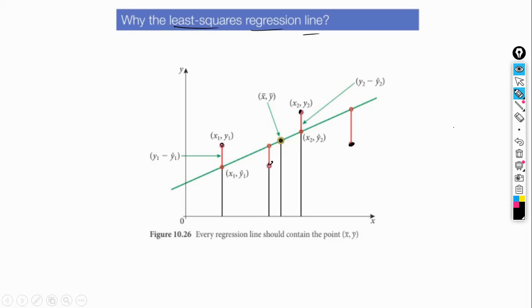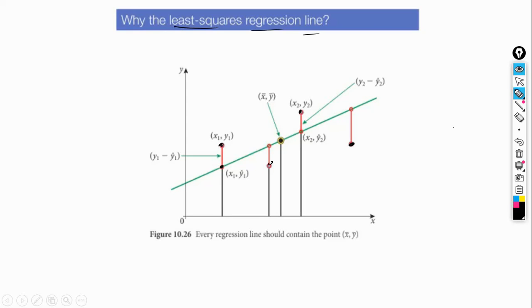And the green line is the line of best fit. So let's take, for example, the point x1, y1. So this is part of the data set, x1, y1. And the point x1, y hat 1, which represents the prediction from the line of best fit.